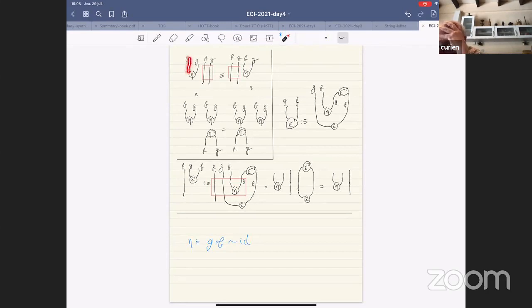This string is colored with F, this one is colored with G. One of the rules of the game is that if I have successive strings like this, one being F, the other being G, and the following being H, then it is also understood that F is from some type A to some type B, that G is from the same type B to some type C, and H from the same type C to some type D.